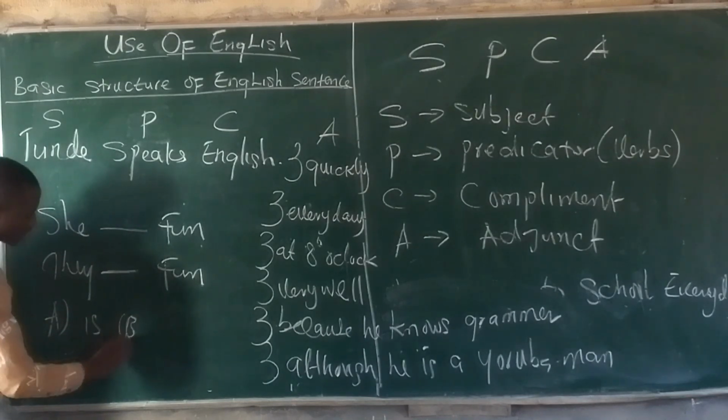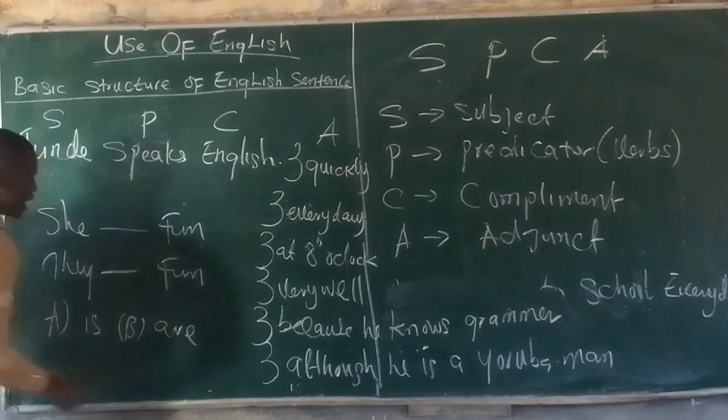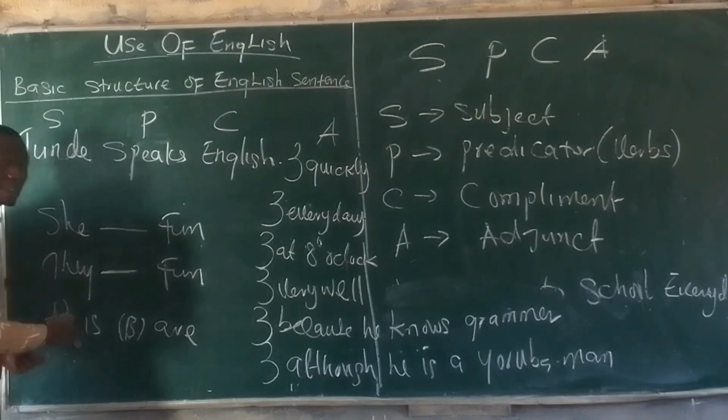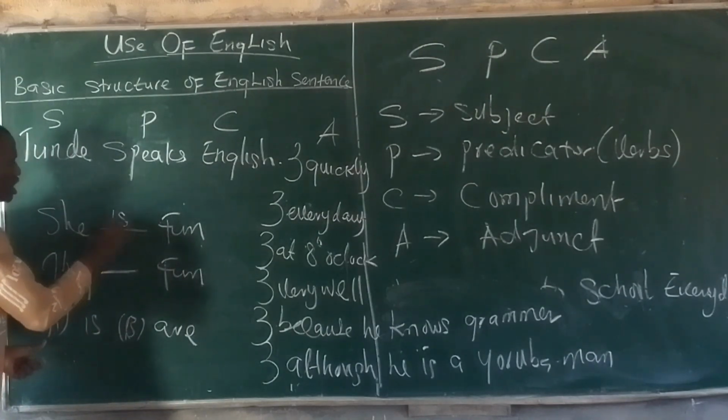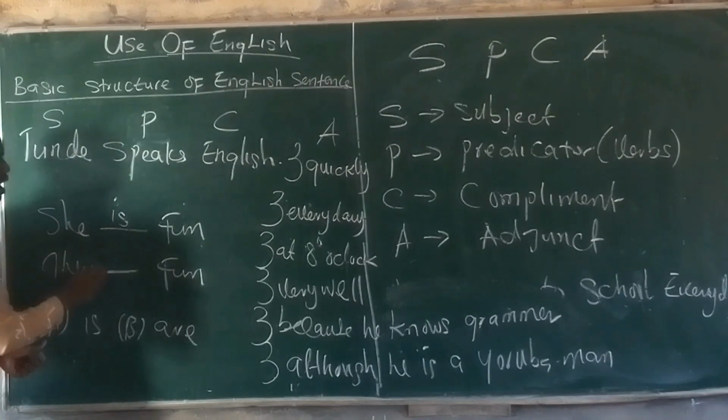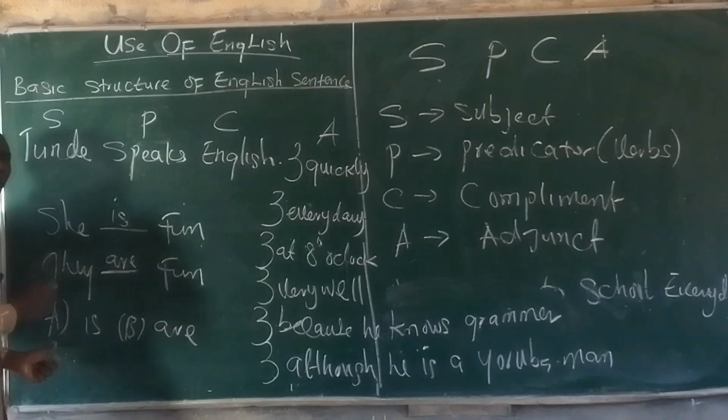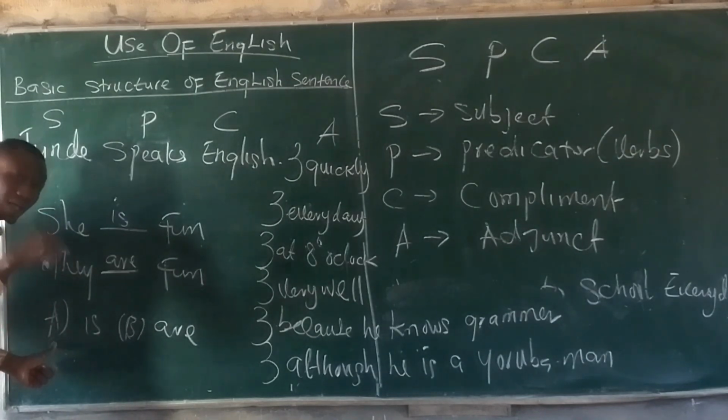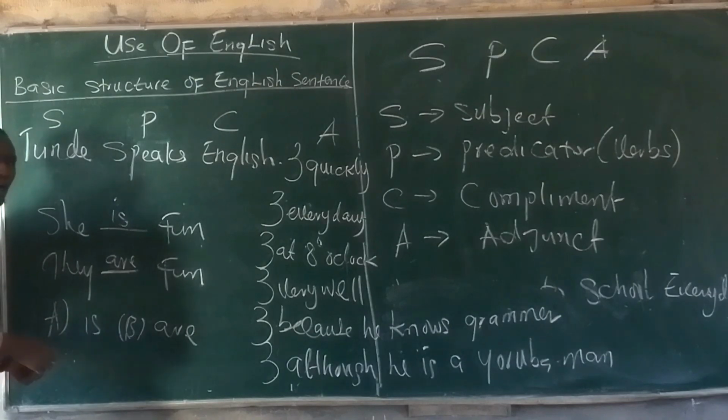Is. I have the second option. Are. Now, she, is it is or are? She's phone. You see that? They are phone. Now, you notice that we have she, singular subject, is, singular verb. They, plural subject, are, plural verb.